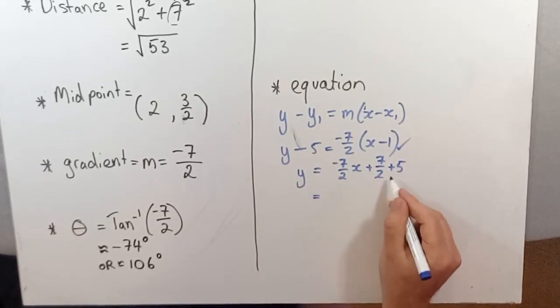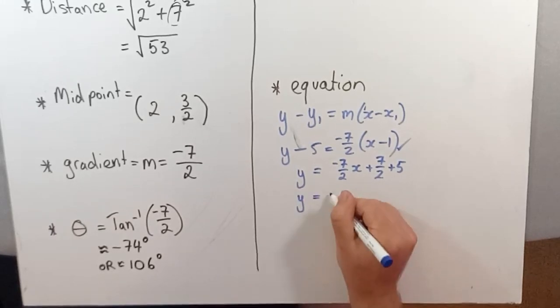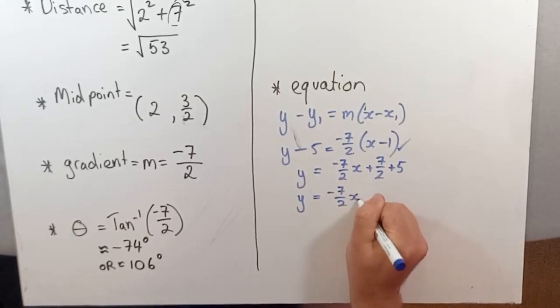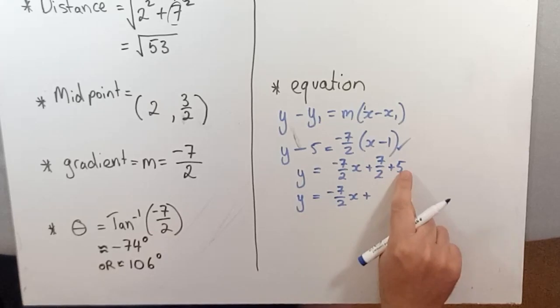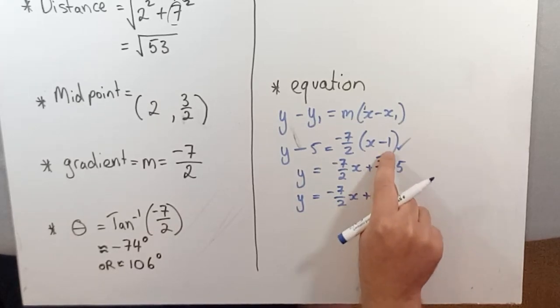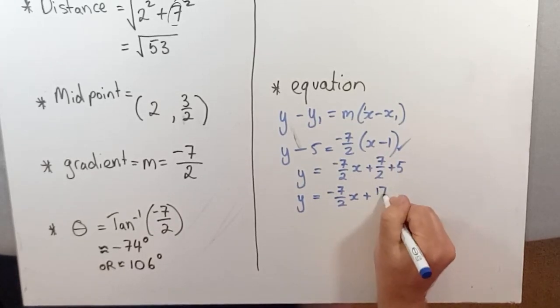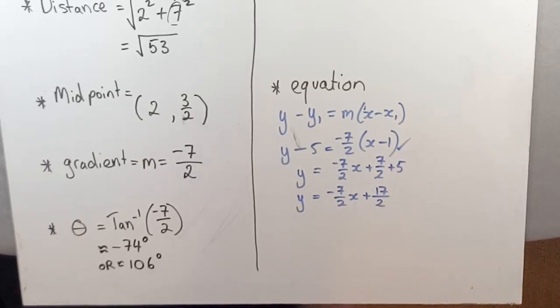I can add these two fractions together. So I've got y equals -7 on 2x plus, now that's the same as 10 on 2. 10 on 2 plus 7 on 2 is 17 on 2. Okay. And I could leave it like that if they wanted it in that form.